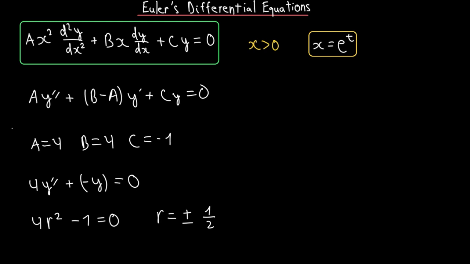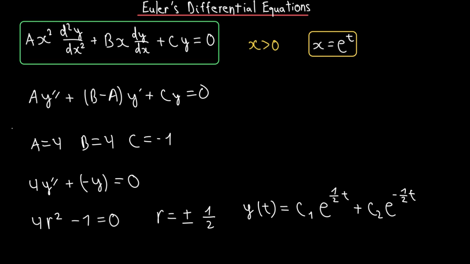And so we have two distinct roots, and therefore our solution, y of t, is equal to, let's call the first coefficient c1, in order to not confuse with the coefficient a over here, c1 e to the r1 t, so e to the half t, plus c2 e to the minus half t. But notice, this differential equation is in terms of x, not in terms of t. And so we need to substitute back into the x space.